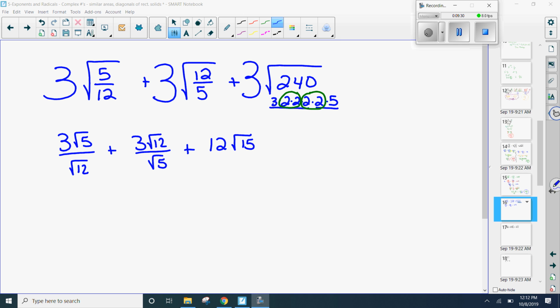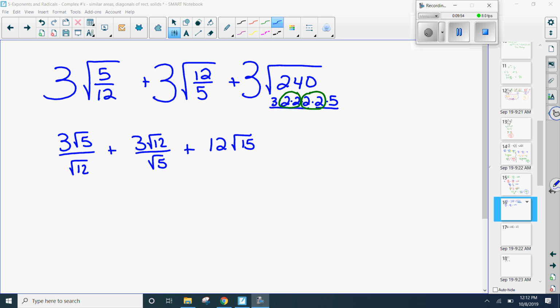Okay, if you do the first step, I just split the radicals into 2 separate ones, the fraction into 2 separate ones. 240 is the same thing as 24 times 10. 24 is 3 times 8, or 3 times 2 times 2 times 2, and 10 is 2 times 5. So you have 2 pairs of 2's. You're going to multiply those 2's together and take it times the 3 to give you 12 radical 15.